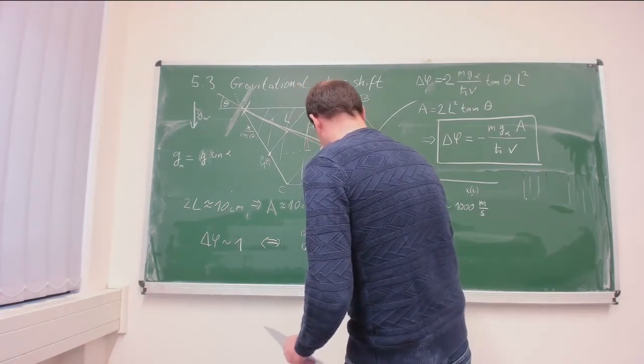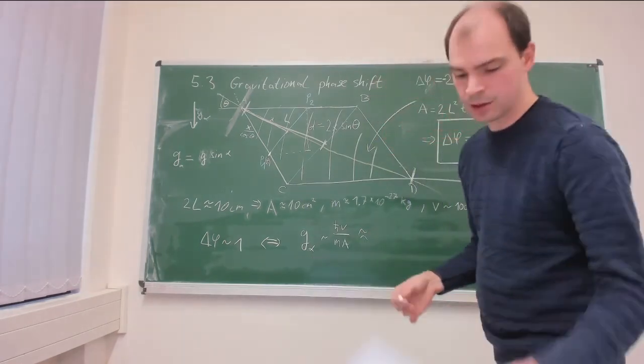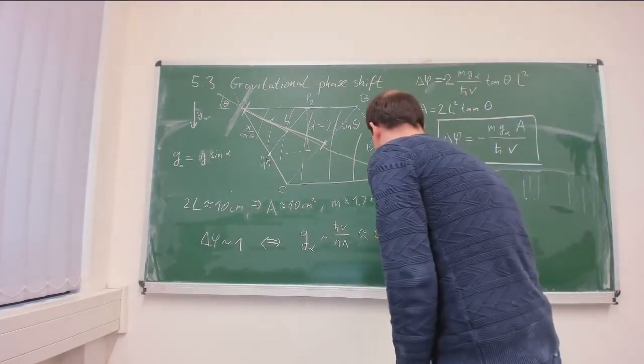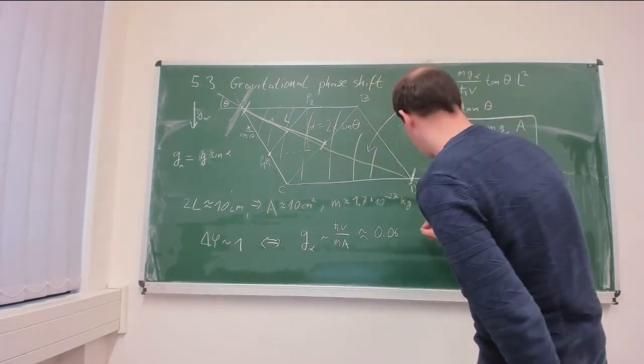And with those numbers inserted, this gives you approximately 0.06 meters per second squared.